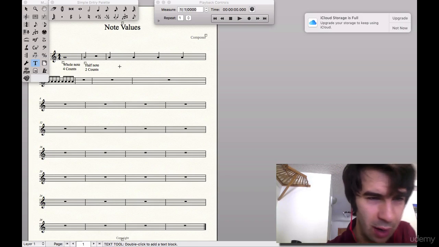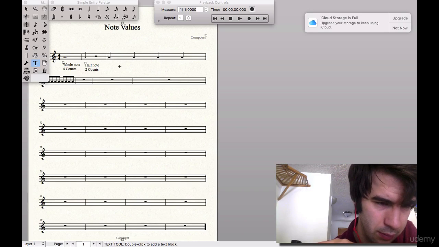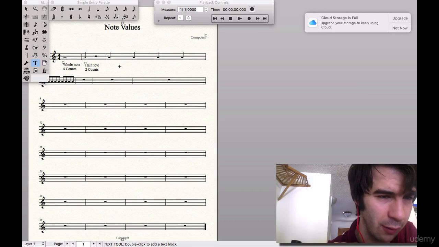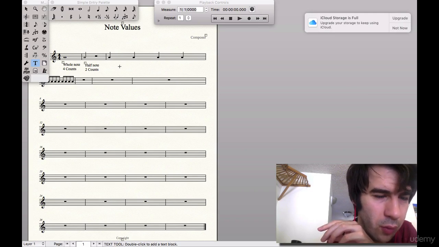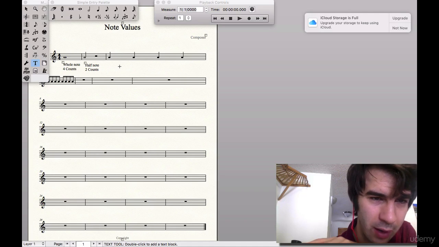Half note is 2 counts. So you would count 1, 2. And then the rest of it is a rest, which means there's no beats being played. It's all silence. So whole note equals 4 counts. It takes up the whole measure. Half note is 2 counts.